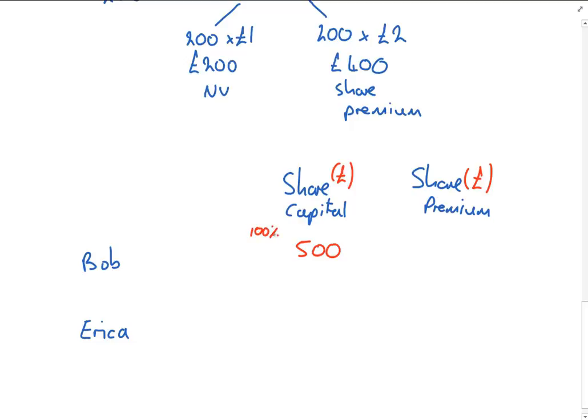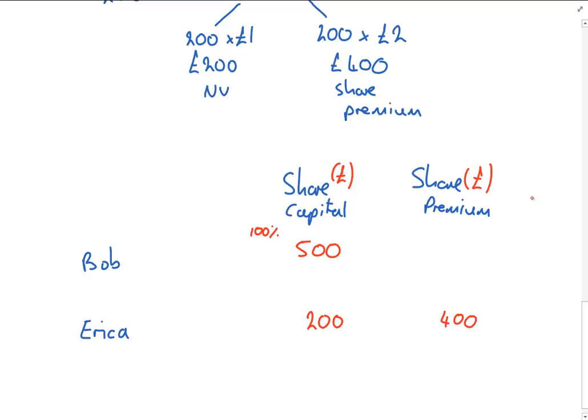Erica didn't own anything. But following Erica's purchase of shares and the issuing of shares to Erica from ABC, Erica, as we can see up here, had bought 200 shares at a nominal value of £200 and also paid an additional premium of 400.